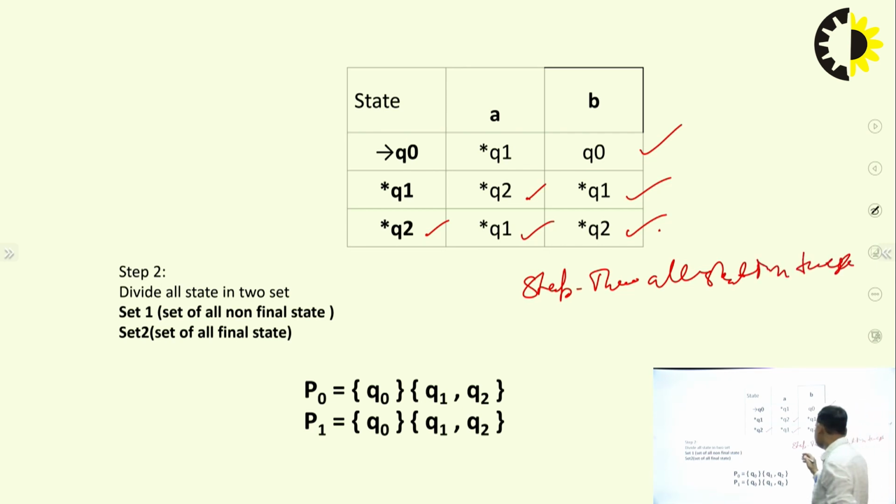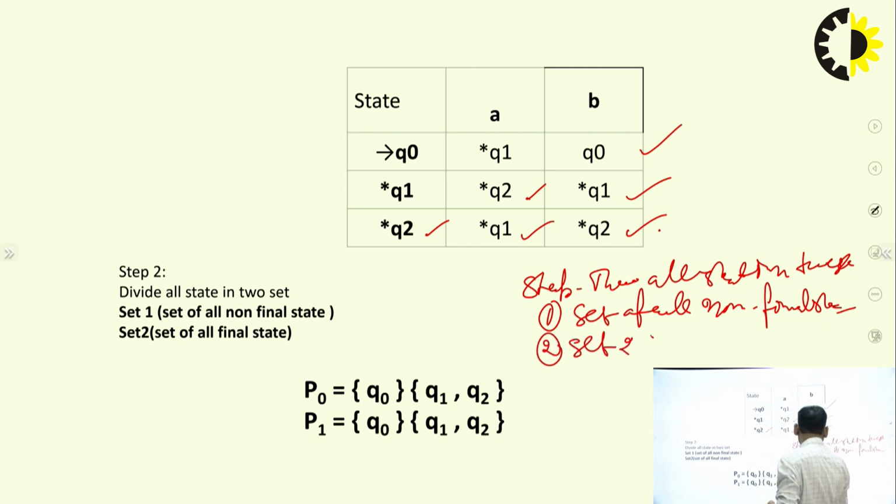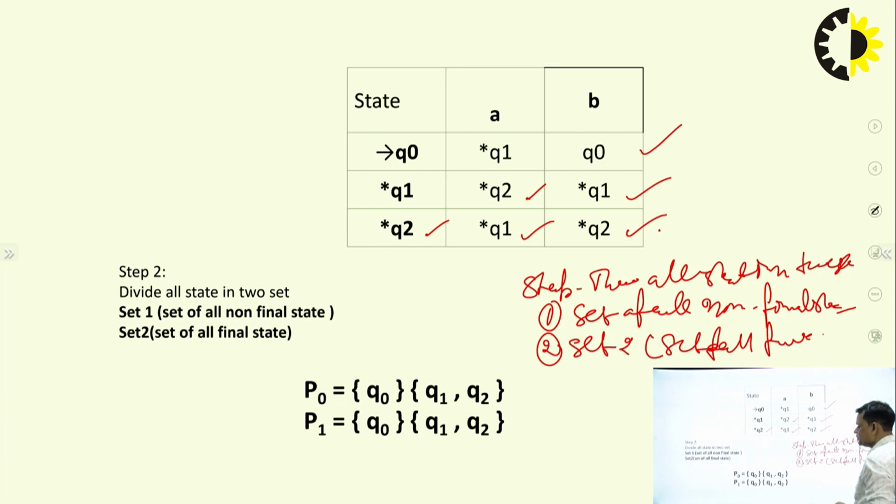The first set is the set of non-final states, and the second set is the set of all final states.